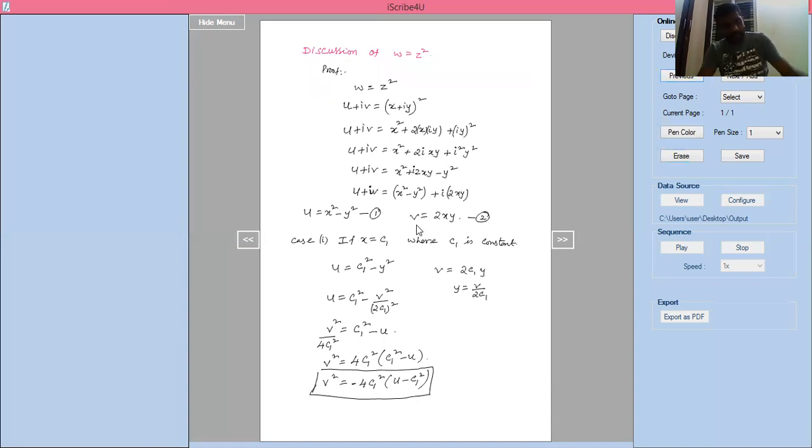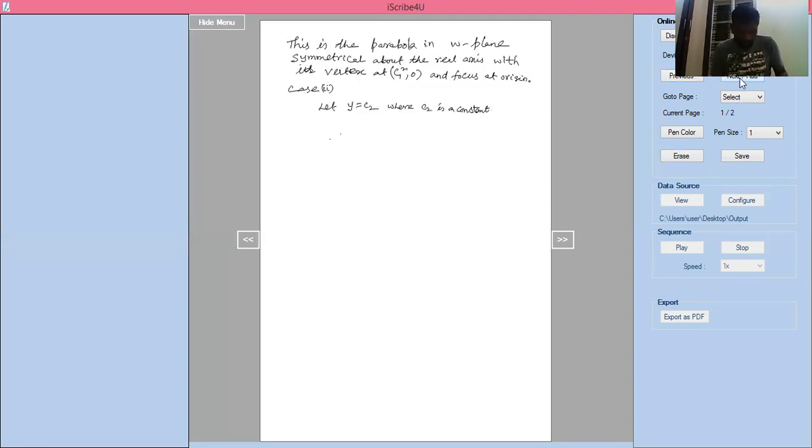Here in both equations Y is there, so that's why we take Y equal to C2. So U equal to X square minus C2 square, and V equal to 2XY, which is 2 into X into C2.